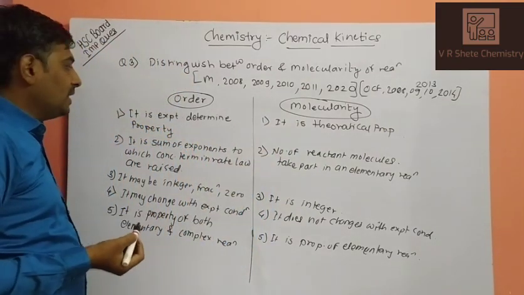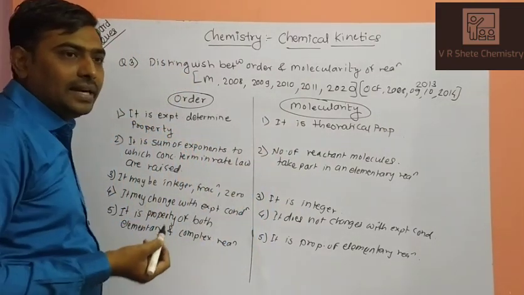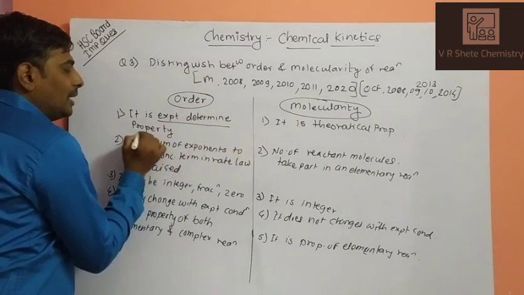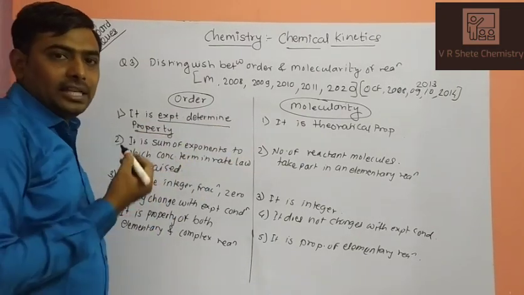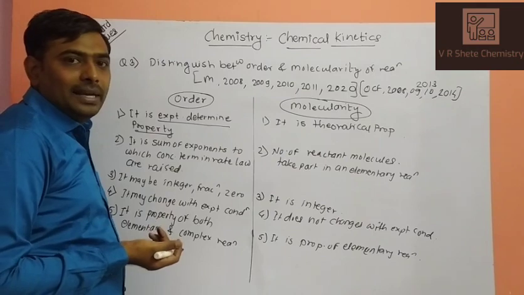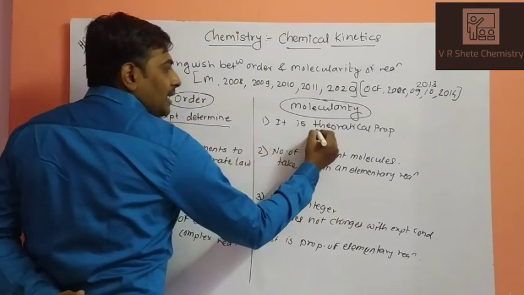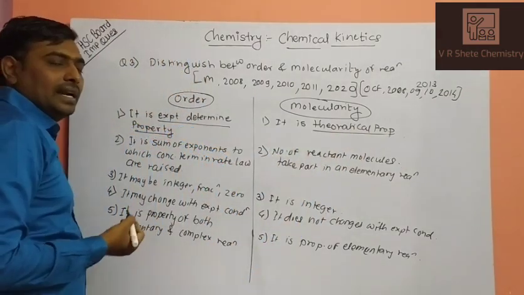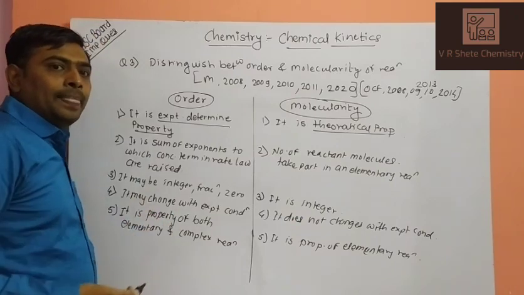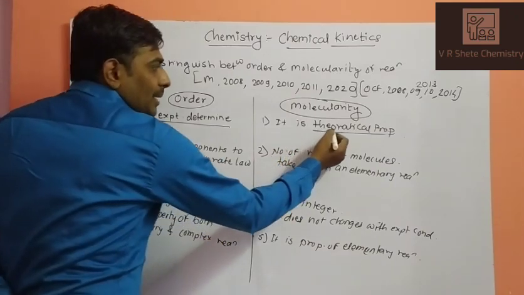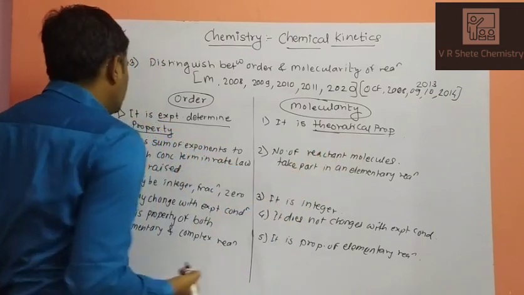So what is the order of a reaction and how is it determined? It is an experimentally determined property. Order can be determined experimentally, while molecularity is a theoretical concept; we can determine it from a theoretical reaction.